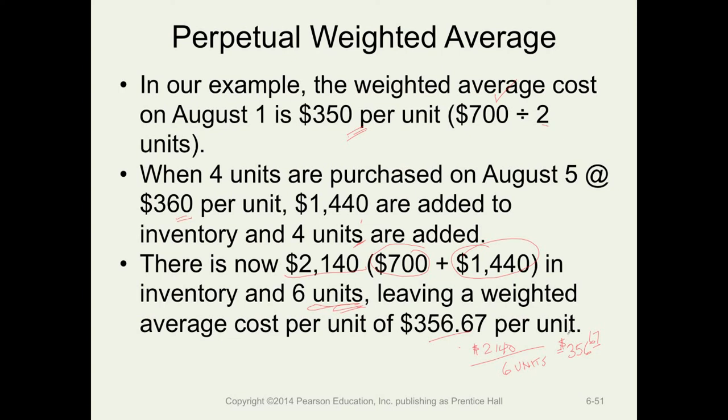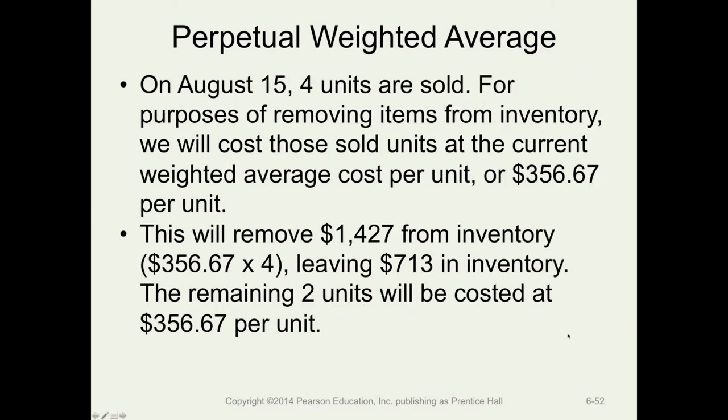$356.67. And there is no change in the average cost when you sell something until a new purchase is made or new inventory is acquired. So on August 15th, we had 4 units sold, and basically you're going to sell them at that average cost.